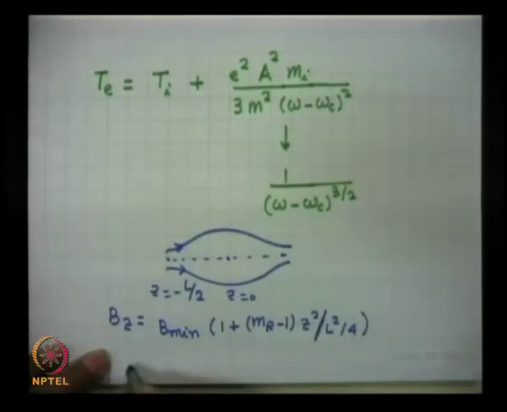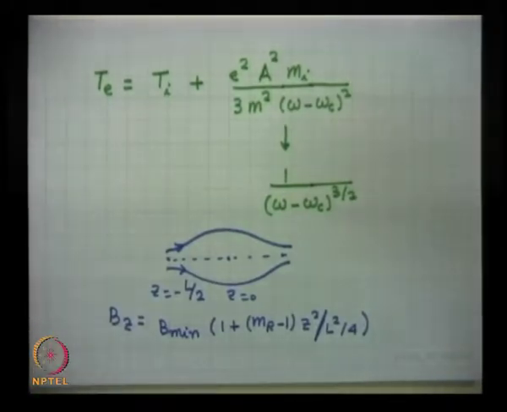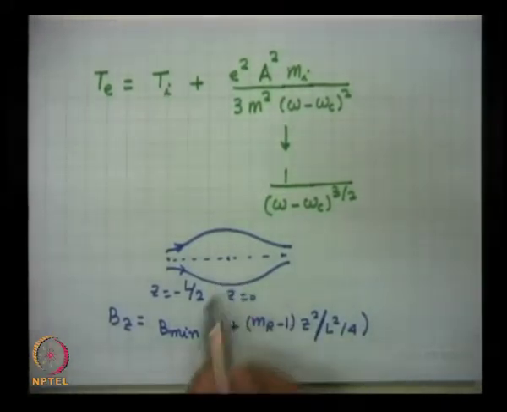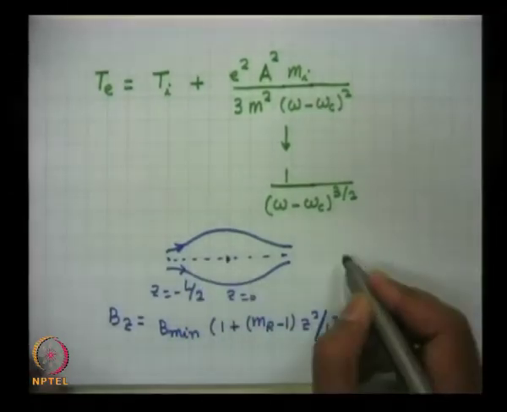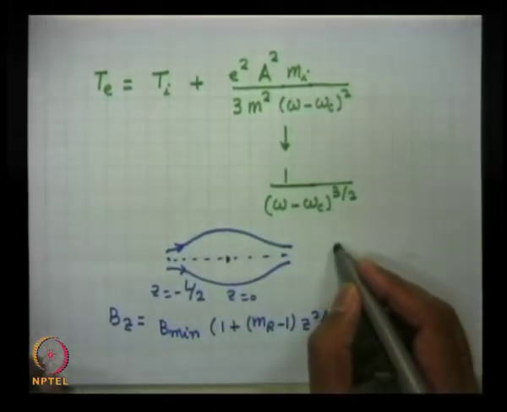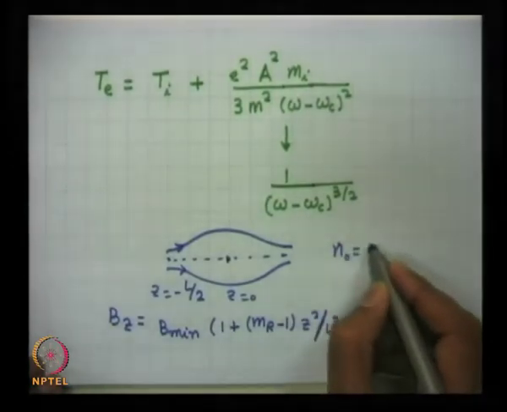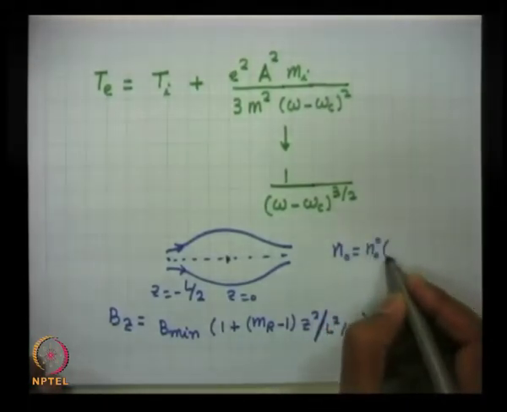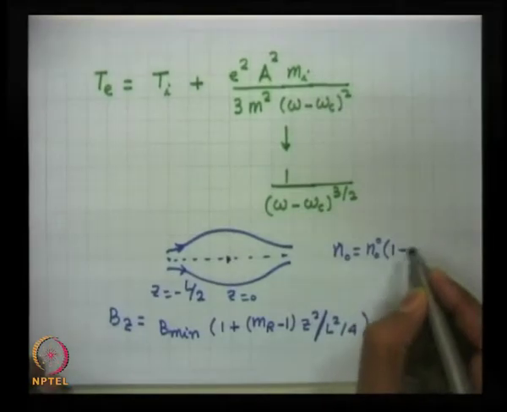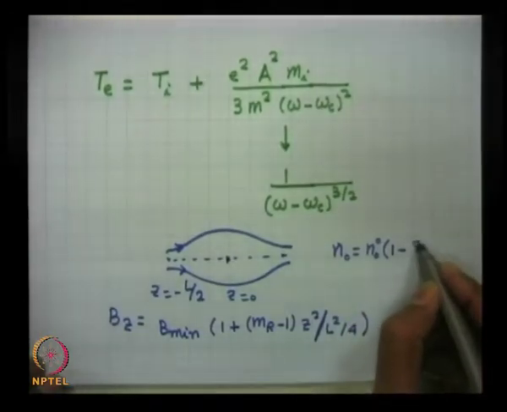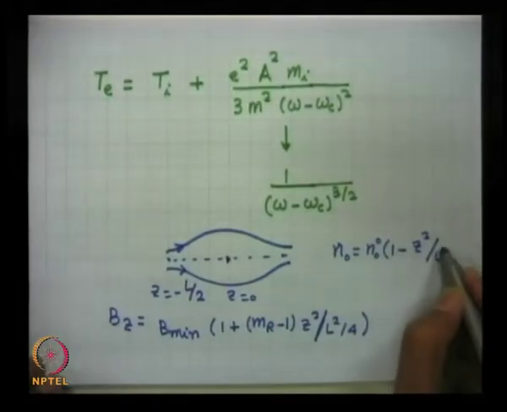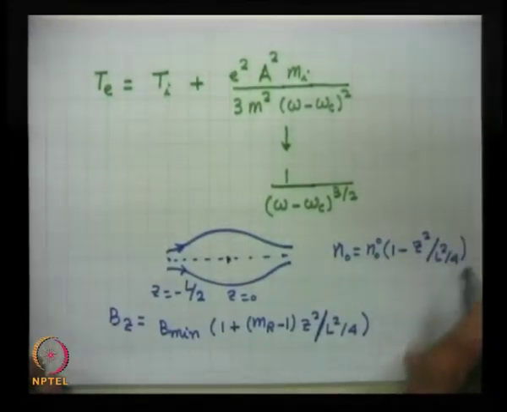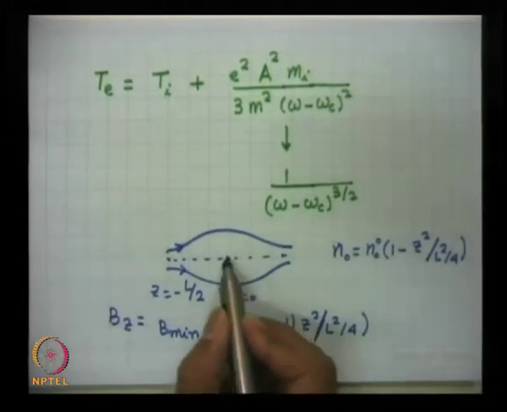And similarly, the magnetic field has a minimum on the axis, and the density has a maximum here, with this kind of profile. I can write down n0 is equal to n00 into 1 minus z square upon L square by 4. So, the density of plasma is maximum here.